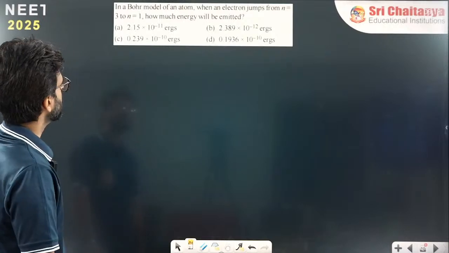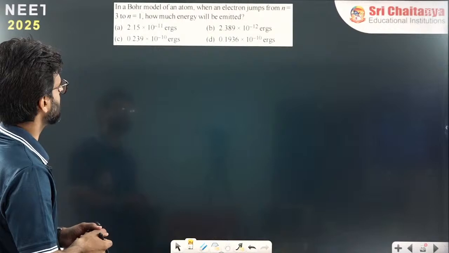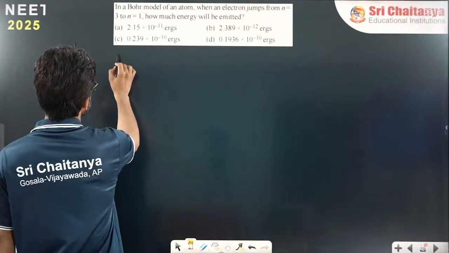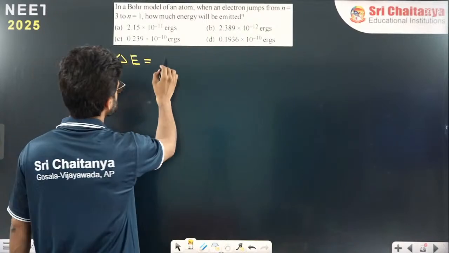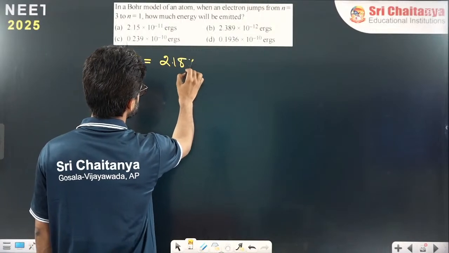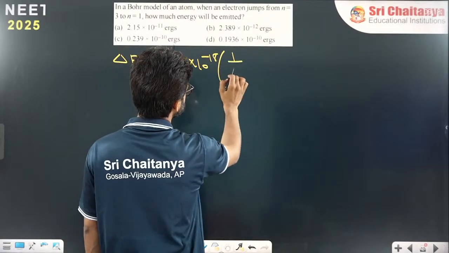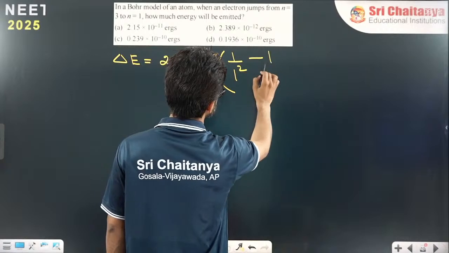The next thing is in Bohr model of hydrogen atom, when an electron jumps from N3 to N1, how much energy will be released? If we have to find delta E, in joules it is 2.18 times 10 to the power minus 18, and 1 by N1 square here. Jumping to 1 from which shell?